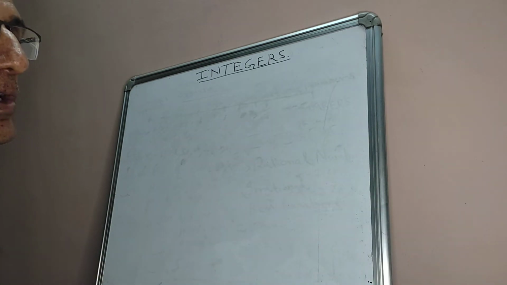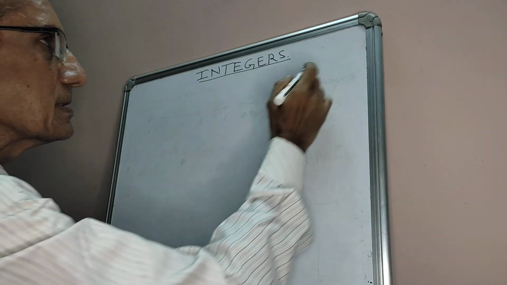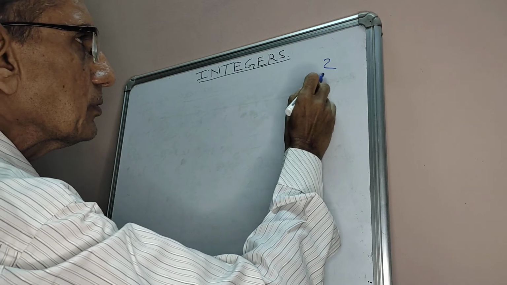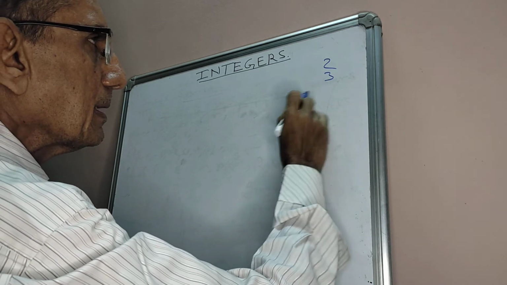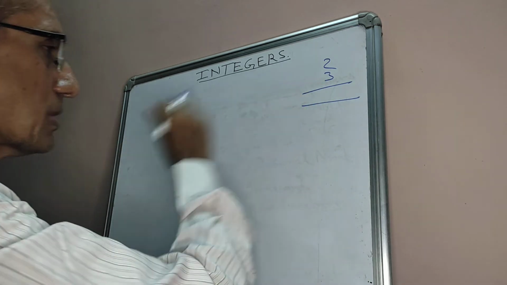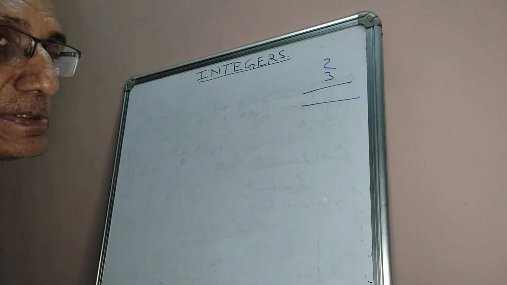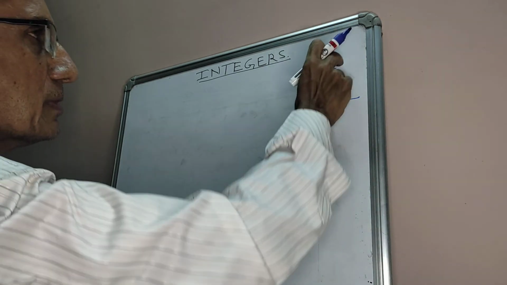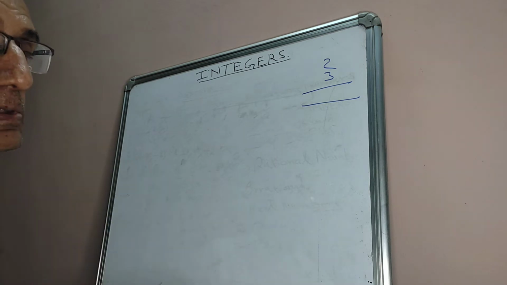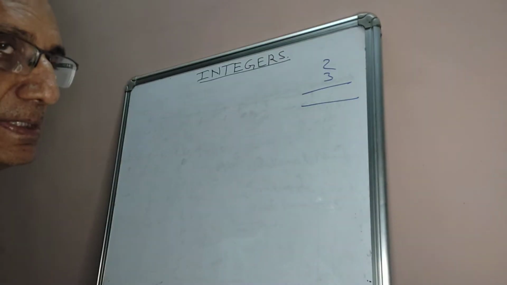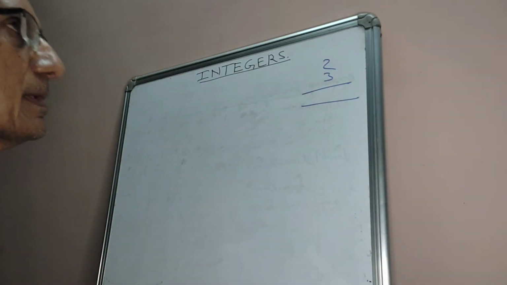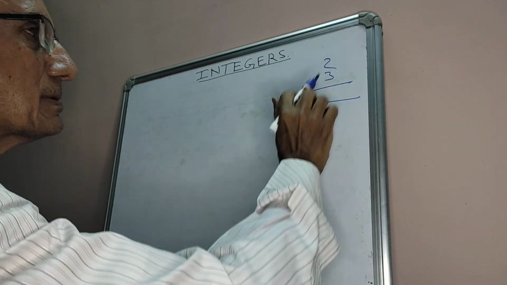Generally, when we add natural numbers, say 2 and 3, we know all natural numbers are only positive, from 0 this side. So how do you add 2 plus 3? You get 5.